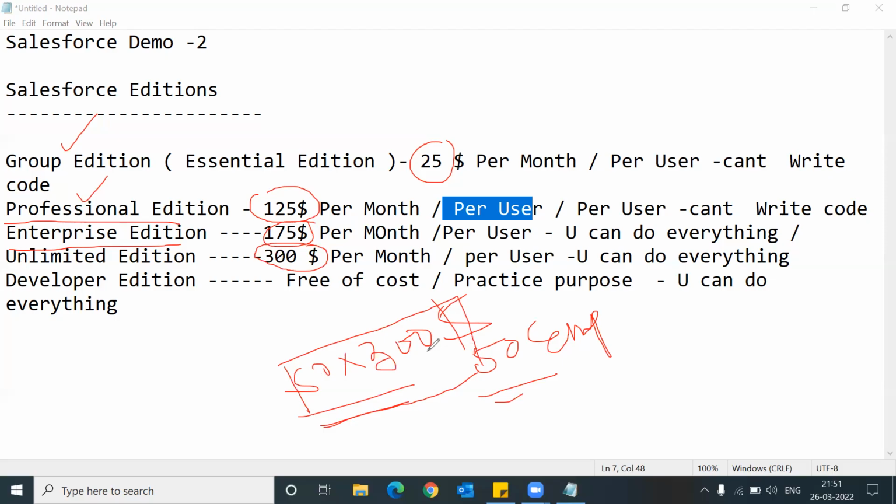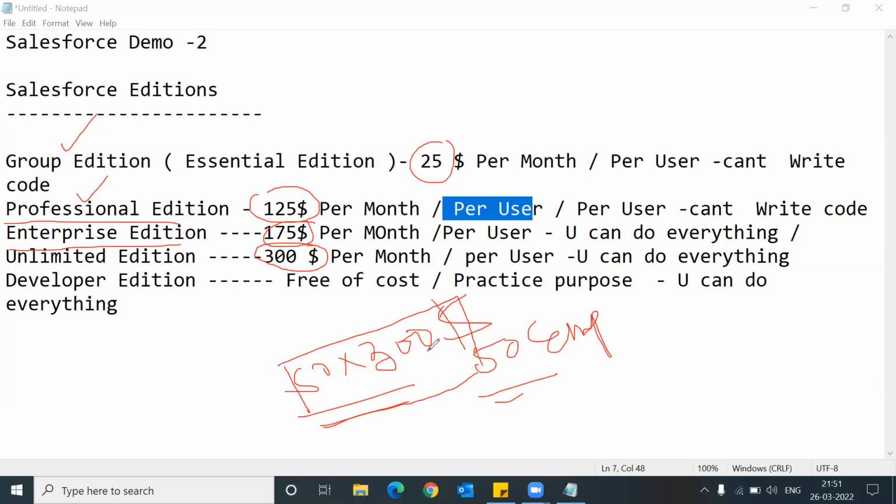If you have 1000 employees in your company and you want all 1000 people to use Salesforce, you need to take 1000 standard licenses from Salesforce. I'm talking about standard licenses, and I will explain what types of licenses we have in Salesforce.